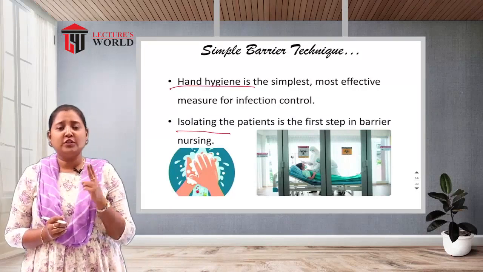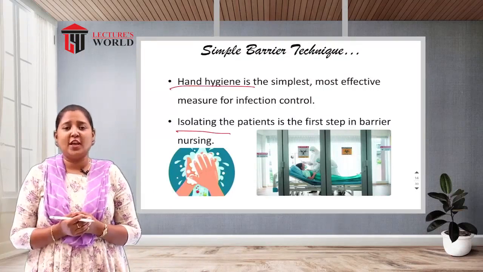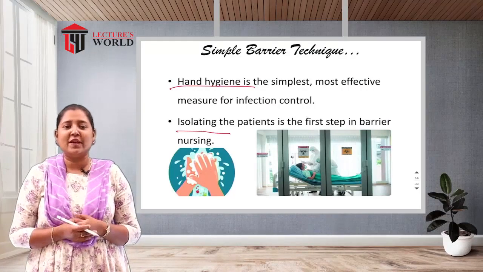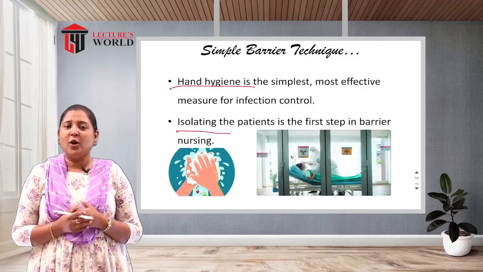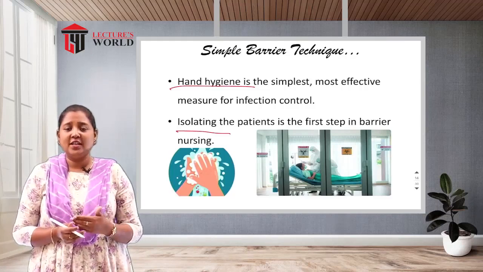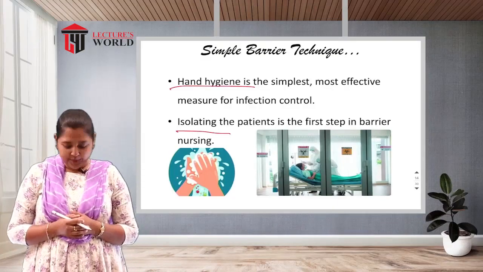If you follow these two things without fail in your day-to-day practice of taking care of patients in the hospital, almost 50% of the barrier techniques will be followed. So hand washing and isolation, a medical staff should never forget when taking care of an infectious patient.